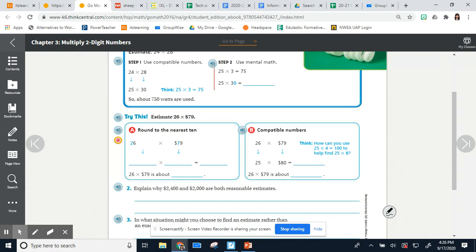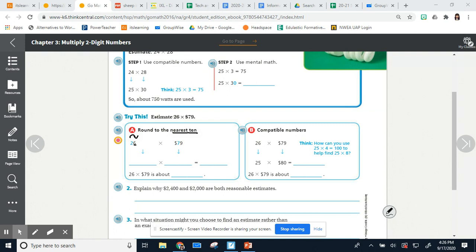Okay, so let's review rounding here. Let's look at that number 26. So remember our rounding rules. We have to look at the place that we're rounding, which is in blue, or rounding to the nearest 10, right? And then I'm going to look next door, which is a 6.